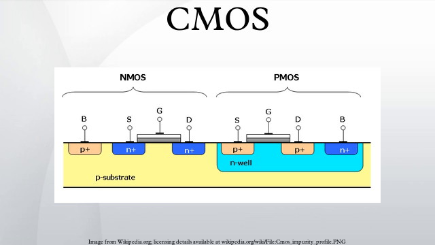If both of the A and B inputs are high, then both the NMOS transistors will conduct, neither of the PMOS transistors will conduct, and a conductive path will be established between the output and VSS, bringing the output low. If both of the A and B inputs are low, then neither of the NMOS transistors will conduct, while both of the PMOS transistors will conduct, establishing a conductive path between the output and VDD, bringing the output high.